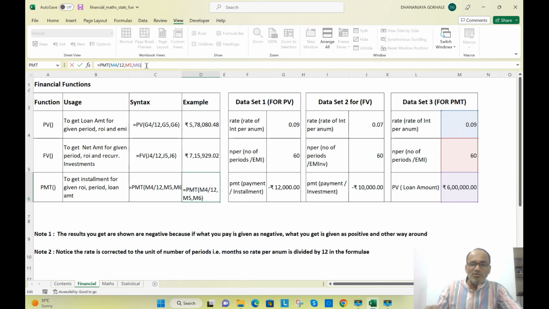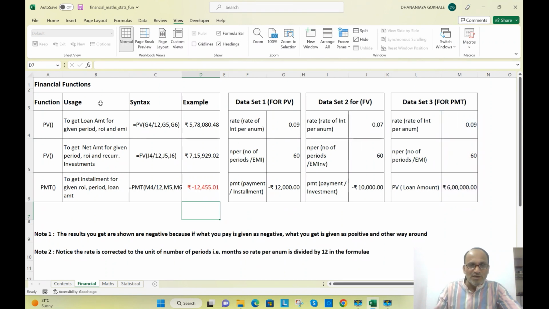How much I have to pay per month is given over here in red, and also with a minus. That is the format which is used in financial functions, as I have explained over here. If you take it as money going out from you, you are paying here, right? So your money is going out from you, therefore it is shown as minus.